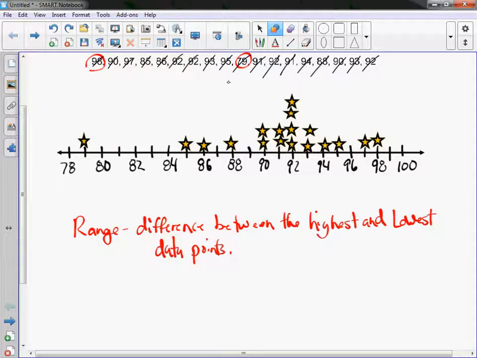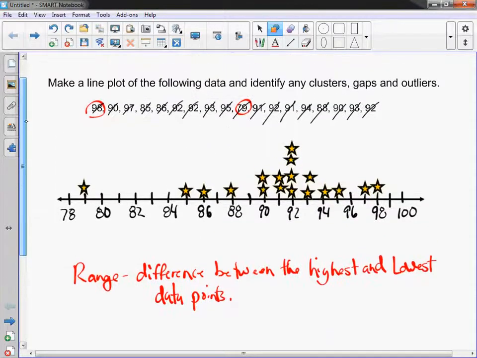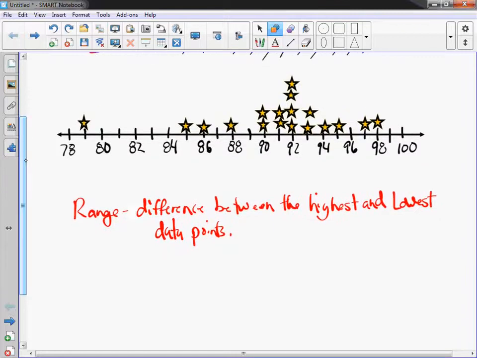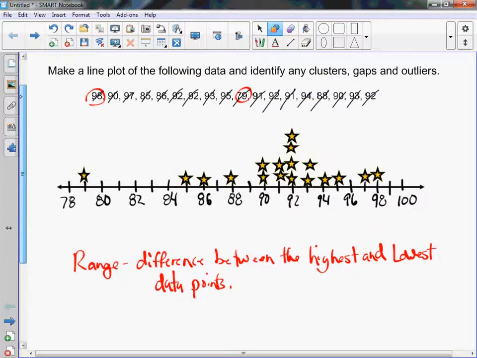Okay, so we've got our plot. Oh, we didn't even finish the range part here. We'll come back to range and talk about that in a minute. Let's finish the rest of the question first. Make a line plot of the following data and identify clusters. A cluster would be where a lot of the data is located.